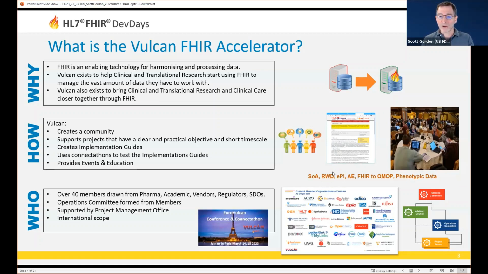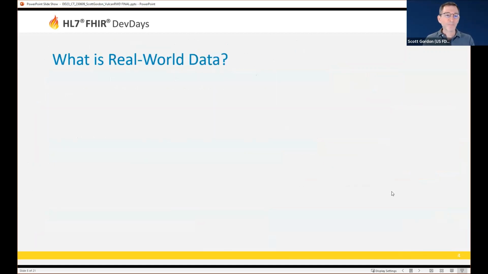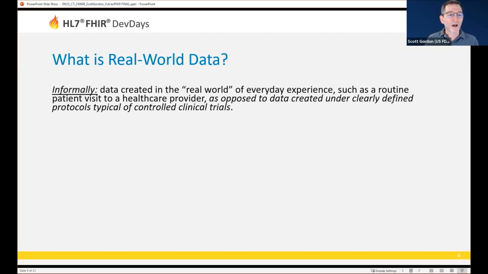This talk specifically is the RWD track of work. So what is real world data for those that are not aware of this? I'm speaking informally. There are some formal and in some cases legal definitions of real world data, but I'm speaking purely informally.